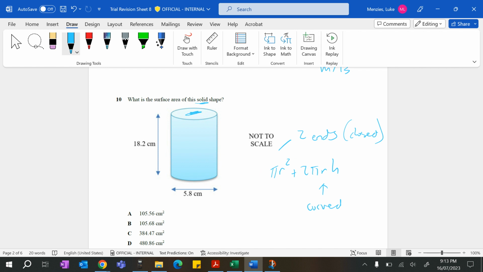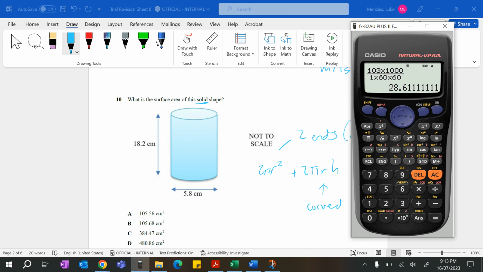And if it's what's called a pipe, where there is no top or bottom, get rid of that as well. So you've got 2 pi r squared. Make sure you know that one, because a lot of students, for some reason, don't bother to use it even though it's on the formula sheet.